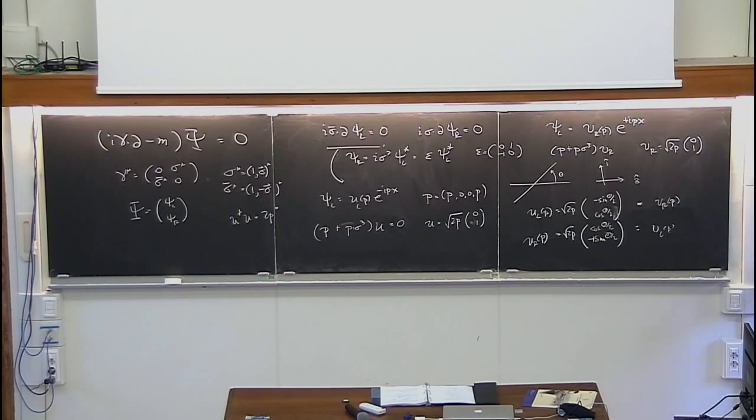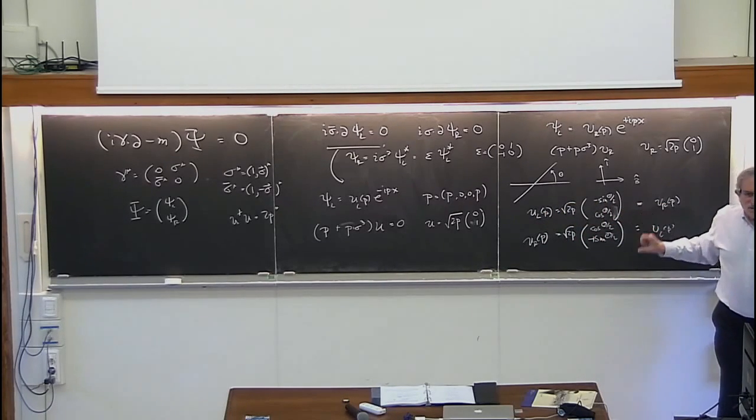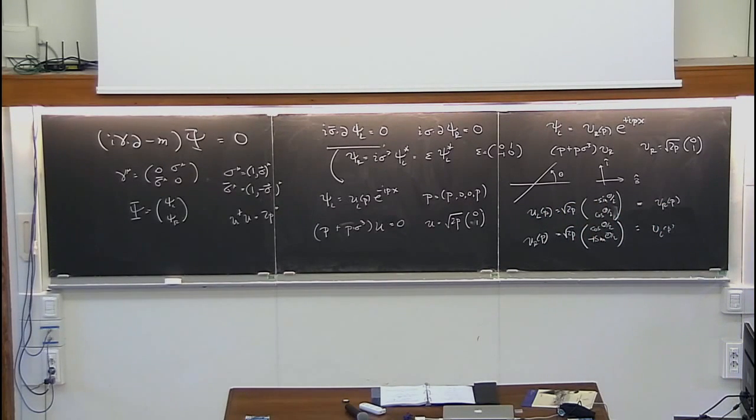So maybe I ought to just record these things for your memory over here. Let me write it in the following way. UL equals VR equals the thing that I wrote there. And if I want the particle that's colliding with it, the one coming from the opposite direction, I have to rotate through an additional 180 degrees.